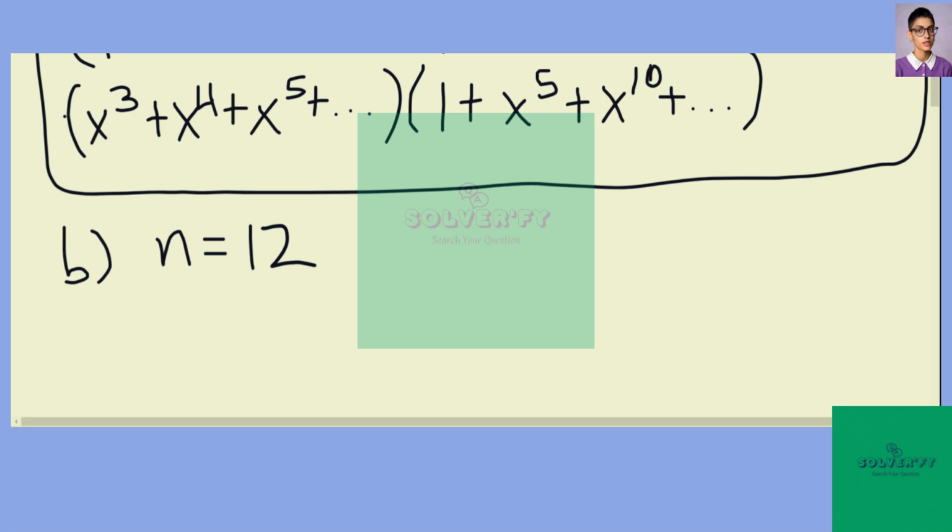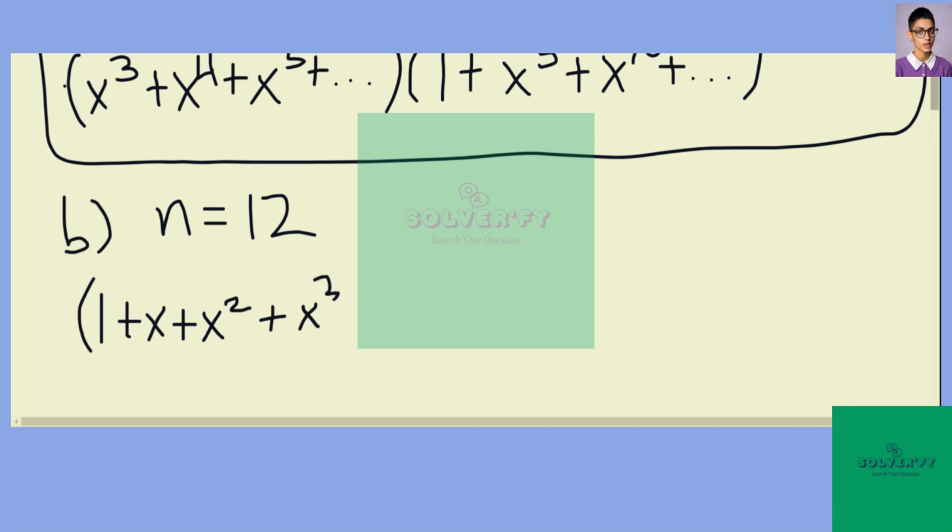And so in order to find the coefficient of x to the 12th, which is the number of ways to buy a dozen pieces of fruit, we can limit all the sums in the expansion up to terms of x to the 12th, first of all.